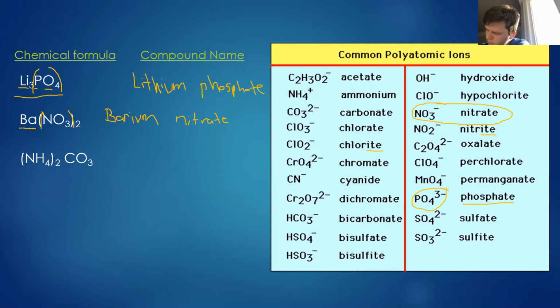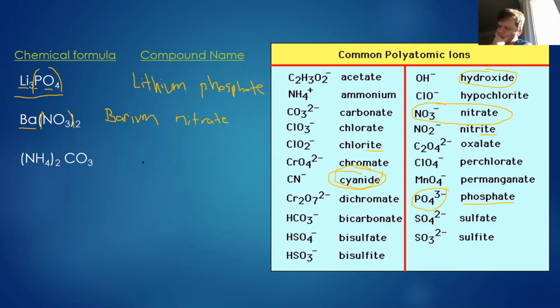The only time that you'll see IDE is if it's a main group element or if it's cyanide or hydroxide. Those are the only two IDE polyatomics, cyanide and hydroxide. Any other time you see IDE, it's a nonmetal from the periodic table.